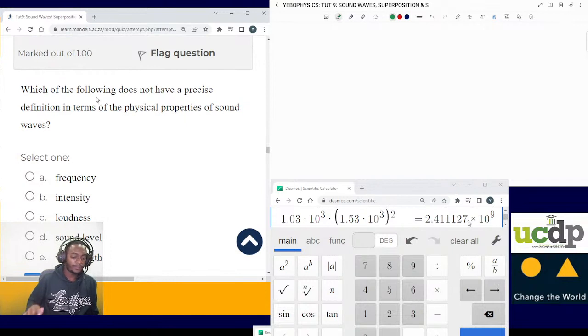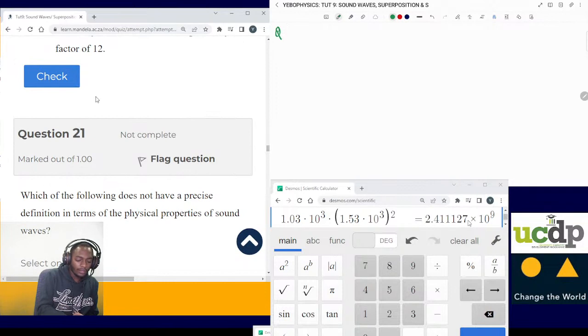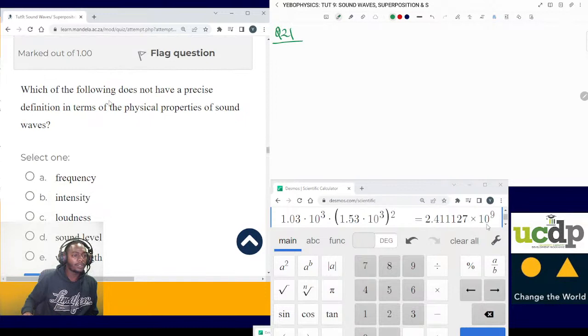Which of the following does not have a precise definition in terms of the physical properties of sound waves? So we've got frequency, intensity, loudness, sound level, and wavelength.